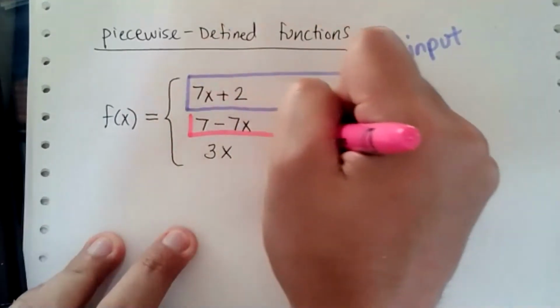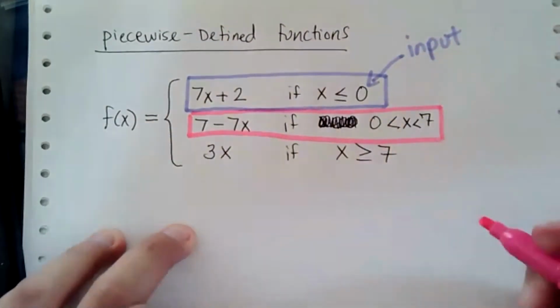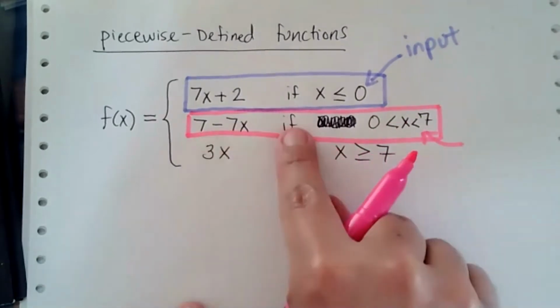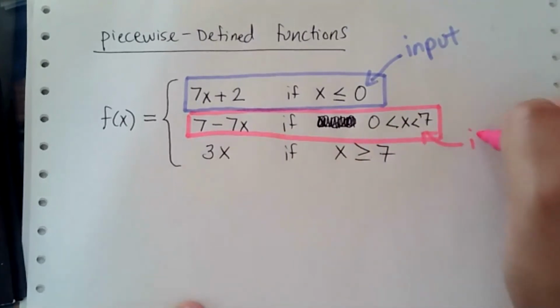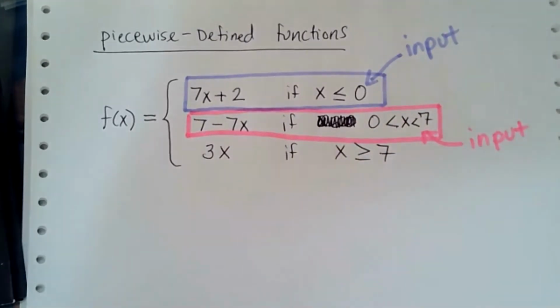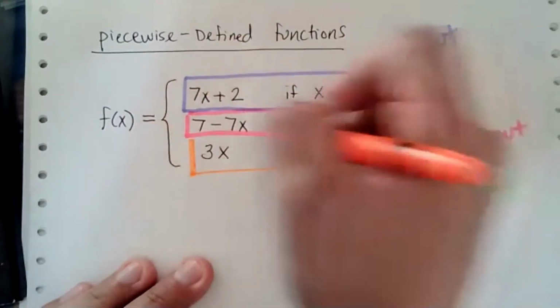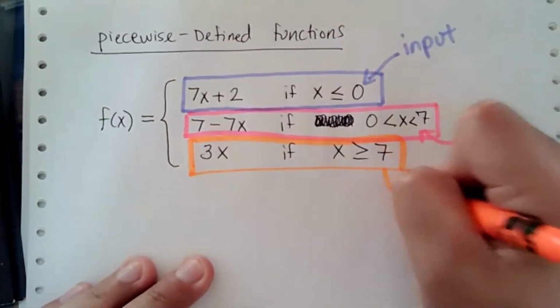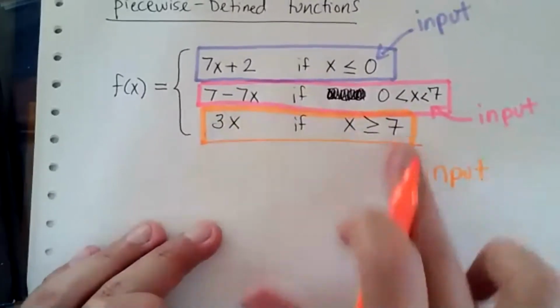This second equation, I'm color coding in pink, can only be used if your input values are between 0 and 7. And finally, this last equation or expression can only be used if your input values are greater than or equal to 7.